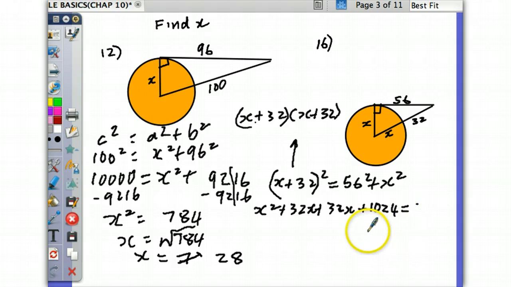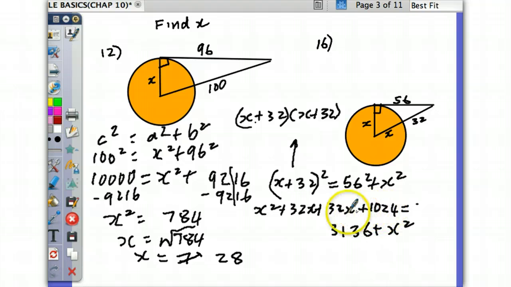56 squared. David, what would that be? You got a calculator. 3,136, thank you. And that's plus x squared. Here's a nice way to do this.